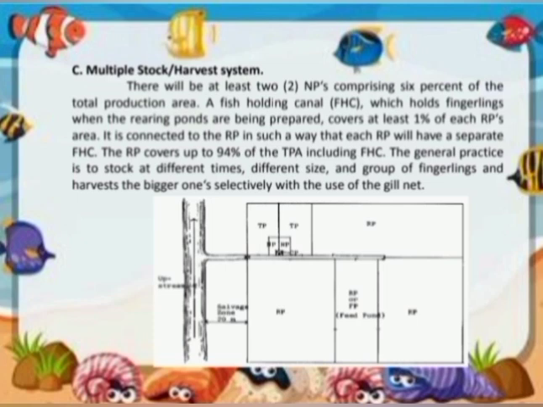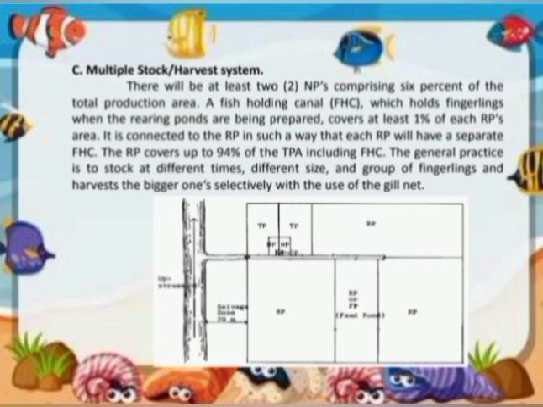A fish holding canal or the FHC, which hold fingerlings with the rearing ponds, are being prepared, cover at least 1% of each rearing pond's area. It is connected to the RP in such a way that each RP will have a separate FHC. The rearing pond covers up to 94% of the TPA including FHC.